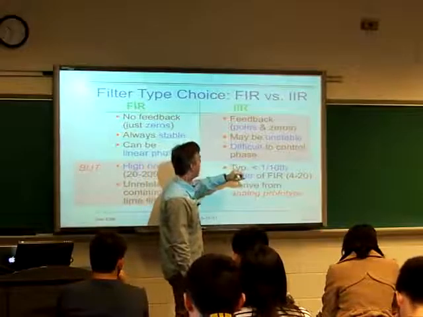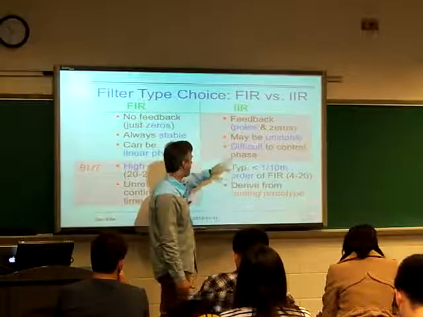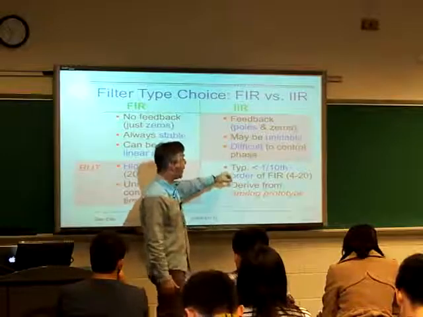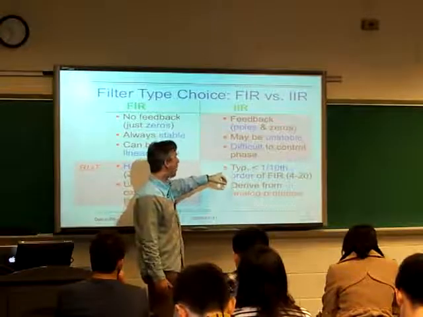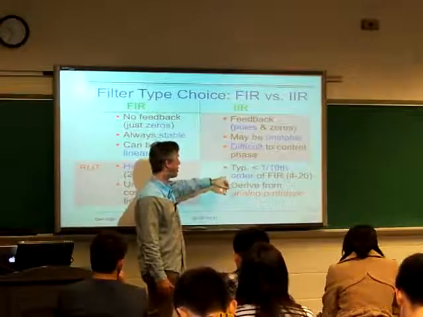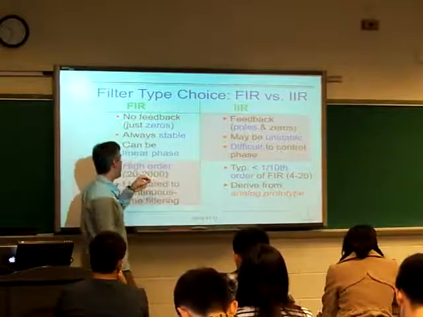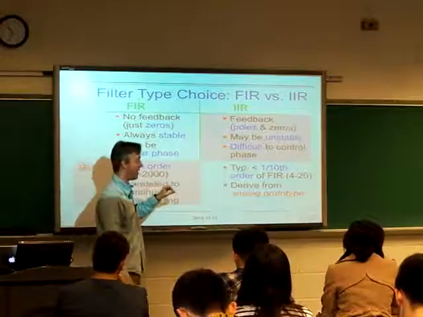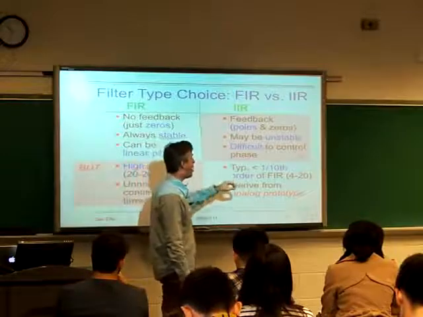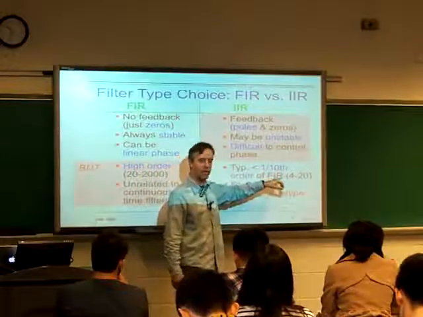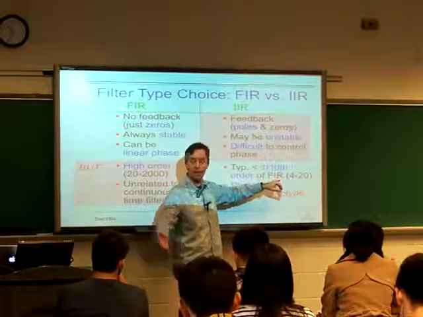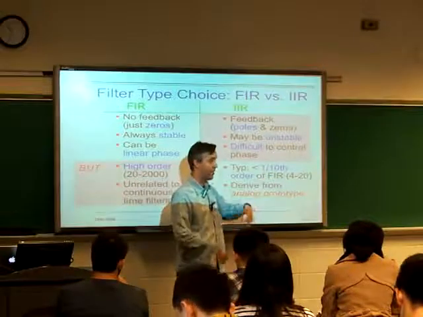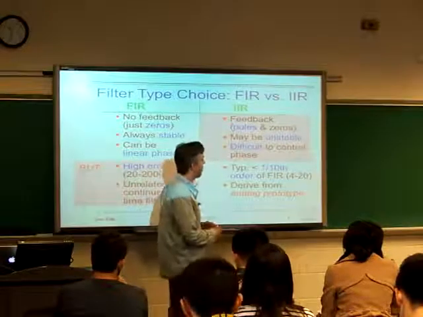On the plus side, we can get really high-performance filters with relatively low orders. Whereas an FIR filter with 1,000 points is not that unusual, an IIR filter with more than 20 poles is pretty rare, because if you do go to those larger filters, that's when you start getting hit with these stability problems.